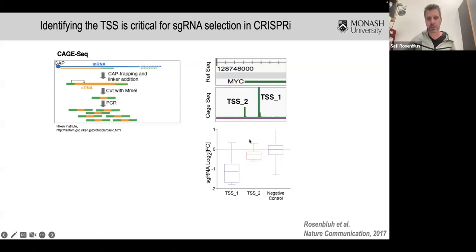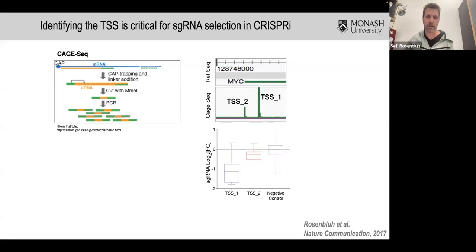When we use CRISPRs to target this transcriptional start site, nothing happens to the cells, but only when we target this second transcriptional start site that NCBI did not annotate do we see suppression of cell proliferation. This tells us that this won't affect the protein coding sequence, it only expresses the 5' UTR.